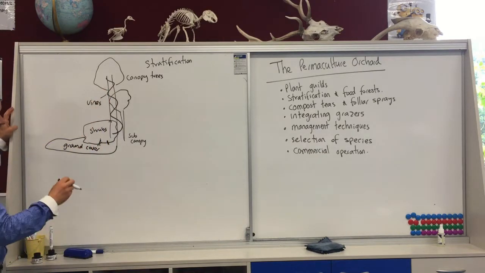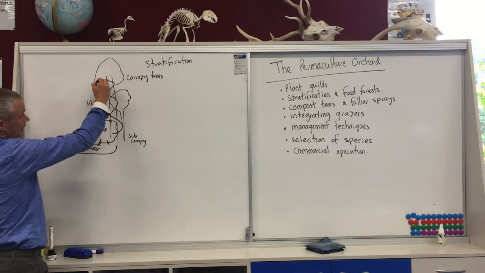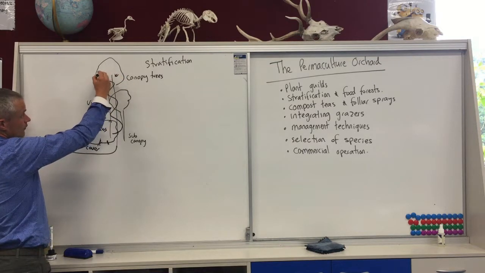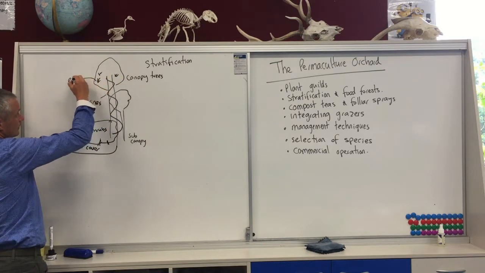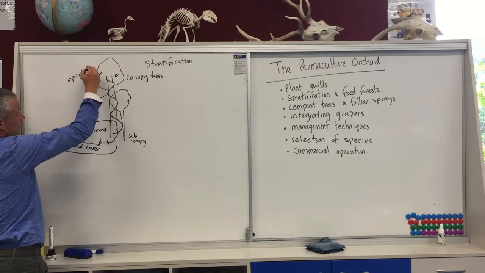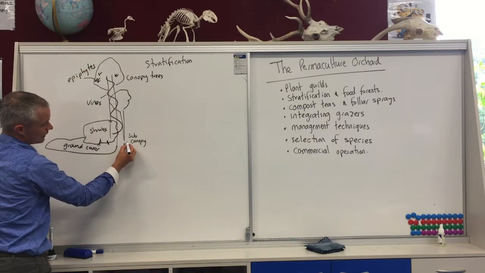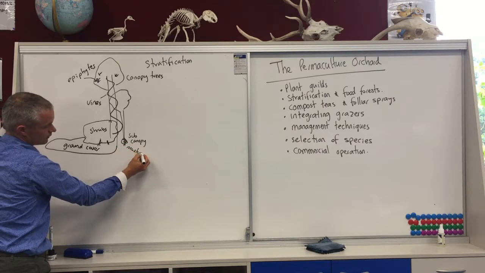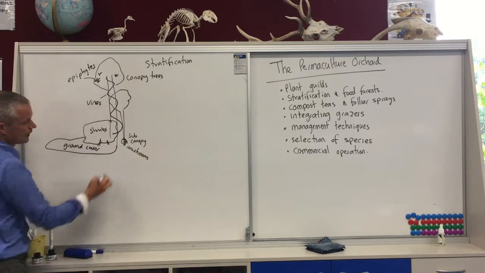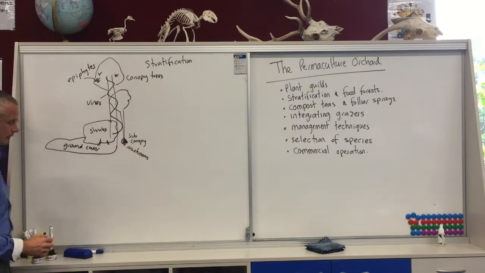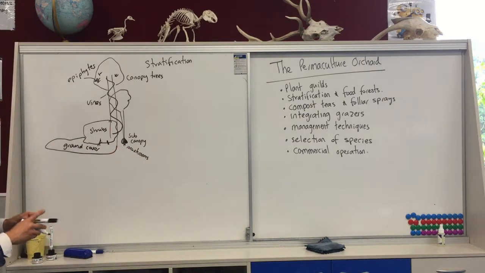In a forest we often get epiphytes, which are plants that live up in the crown of trees, up in the branches. And you can have mushrooms that are also a beneficial layer in that canopy. So what you're getting there is different productive layers in the system.